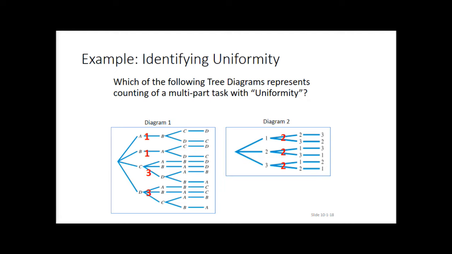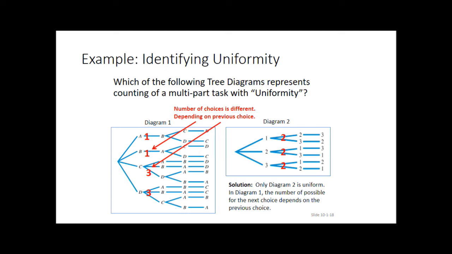Diagram 2 has uniformity because it doesn't matter, and it's not just at the first, going from the first part of the task to the second, but also from the second to the third. No matter which choice was made, we only have one option there. So the number of choices was different depending on the previous choice in diagram 1. That violates uniformity. So only diagram 2 is uniform.